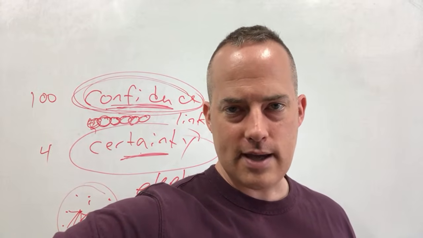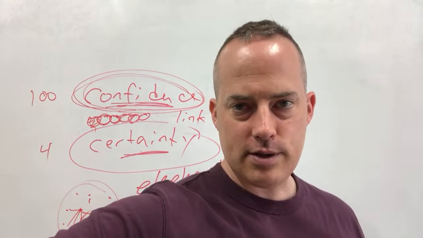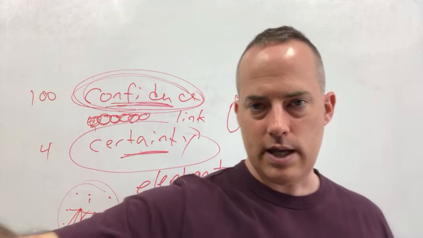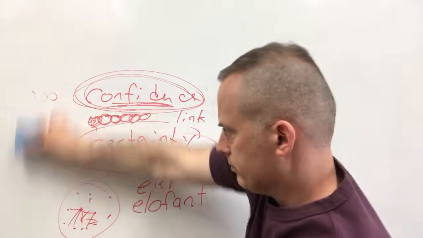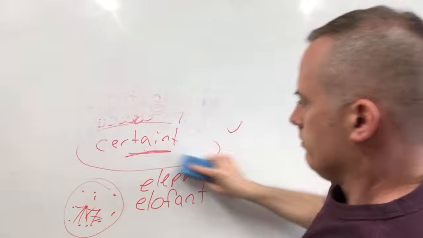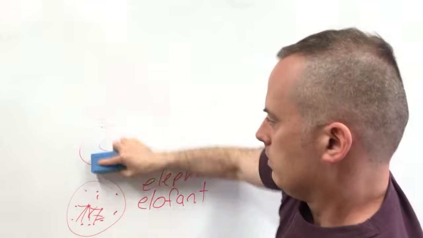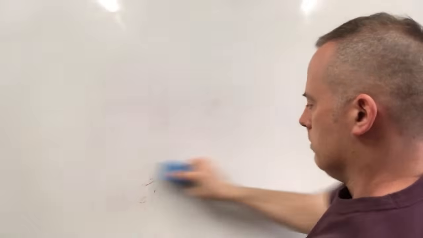Trisno says, I've learned English for past 2 years, but still can't speak English fluently. Okay, so here's an example. Let's look at this comment. I'm going to write that whole thing up there.